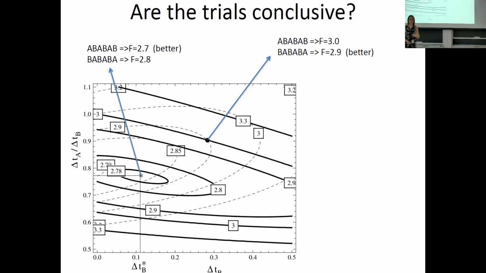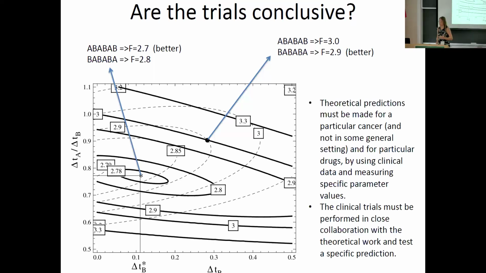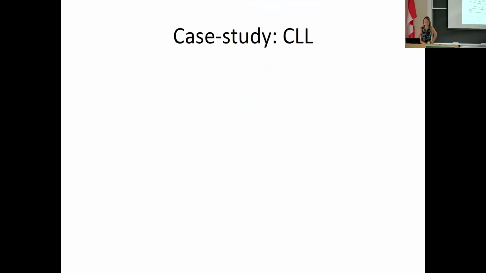So in order to check such a theory, you really need to know all the parameters, right? And know exactly where you are in the parameter space. Otherwise, it's impossible. So this disappointing story is a lesson, actually. So the results of clinical trials have to be interpreted very carefully in terms of mathematical models.